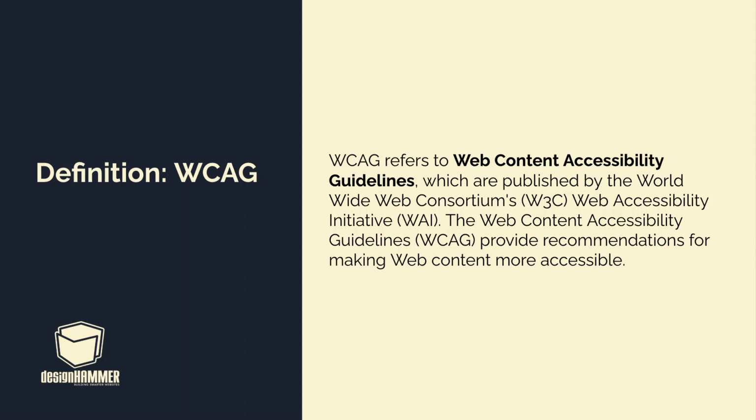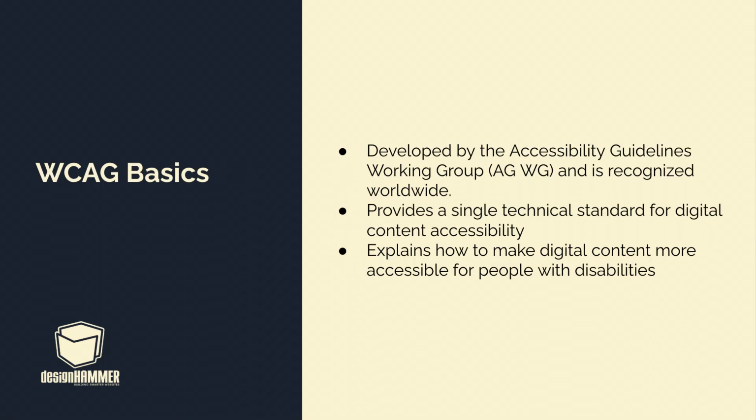In a lot of cases, there are very clear, black and white guidelines, you do it this way or that way, but it all adheres to the POUR acronym of perceivable, operable, understandable, and robust. And it covers more than just visual disabilities. It covers all the disability types that were covered earlier. So it's a worldwide standard, and it provides a single technical standard for accessibility. It gives a lot of examples.